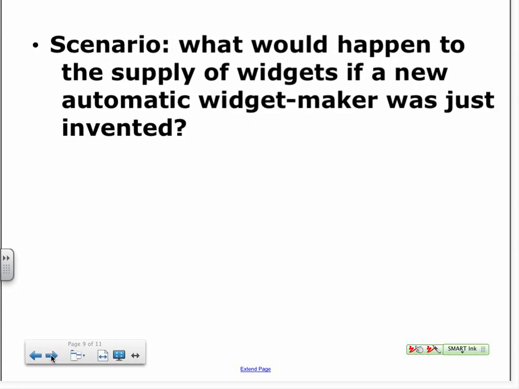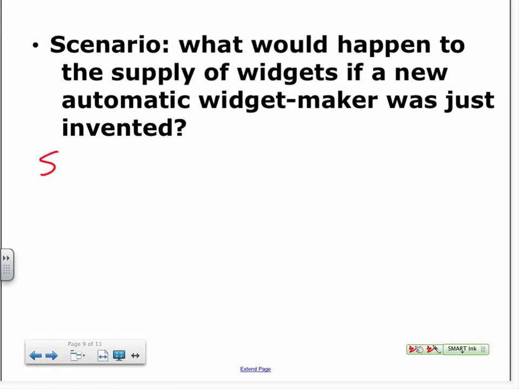Okay, next one. Scenario: what would happen to the supply of widgets if a new automatic widget maker was just invented? Well, that's technology. Technology assumes that it's going to become cheaper and easier to produce things. So if a new automatic widget maker was just invented, you can assume that now it is easier and cheaper to make widgets, which will cause an increase in supply.